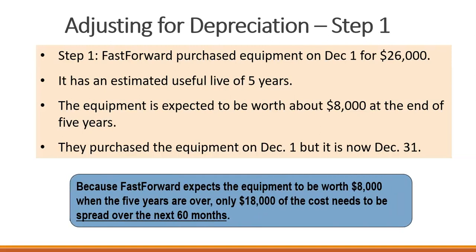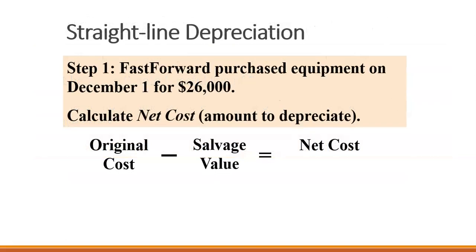Because we expect the equipment to be worth $8,000 when the 5 years are over, we're only going to depreciate $18,000 of the cost, so 26,000 minus 8,000. So here we have 60 months. 5 years times 12 months a year gives us that we're depreciating over a 60-month period.